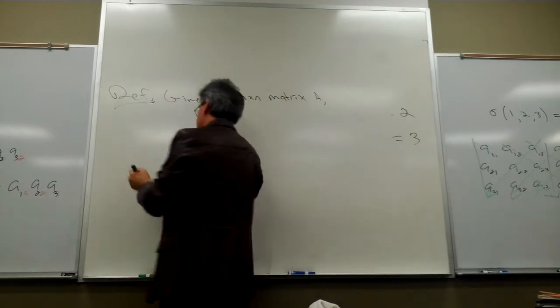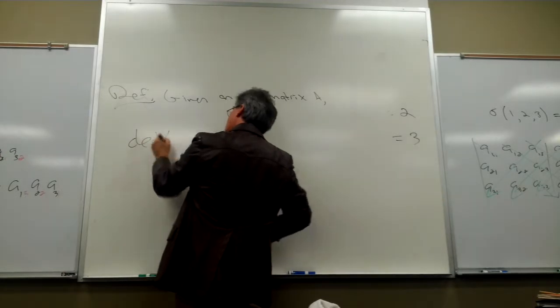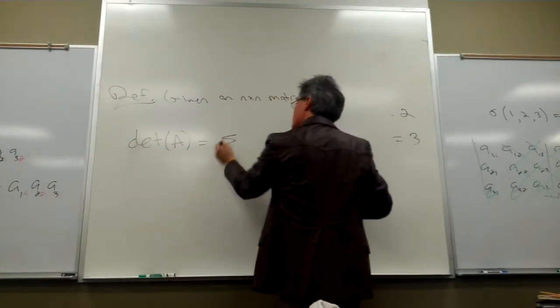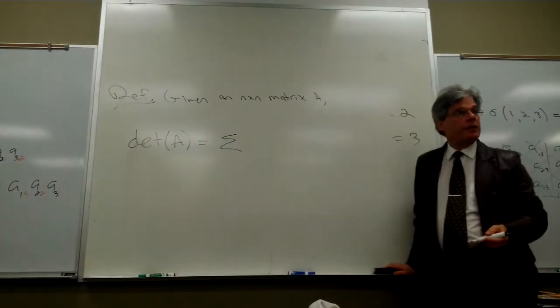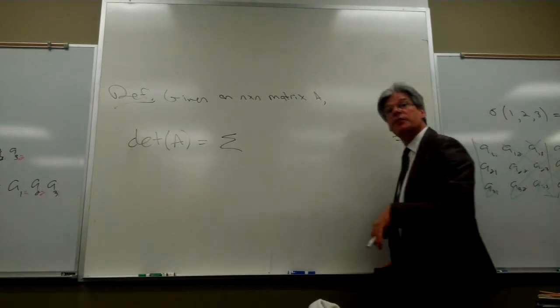We will define the determinant as nothing more than a sum. Now the sum's going to have a factor of 1 or negative 1, depending on the sign of a permutation, so let me put that factor in.